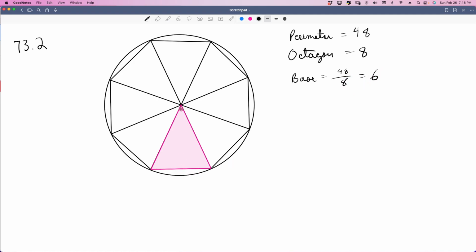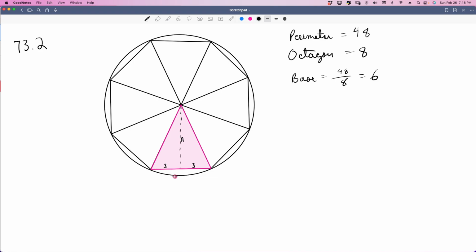So if we draw our apothem right here, and we know the base is 6, then that tells me this is 3 and this is 3. So you see what I mean by the base has already been divided by 2. So we can skip that step. So our apothem here is the height of this right triangle.